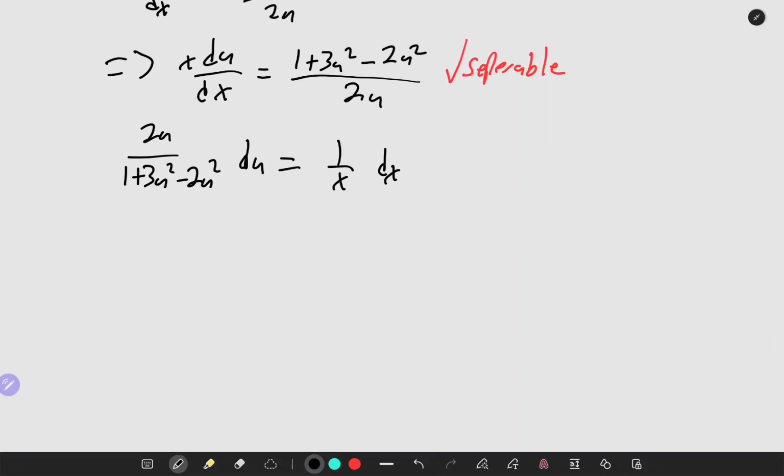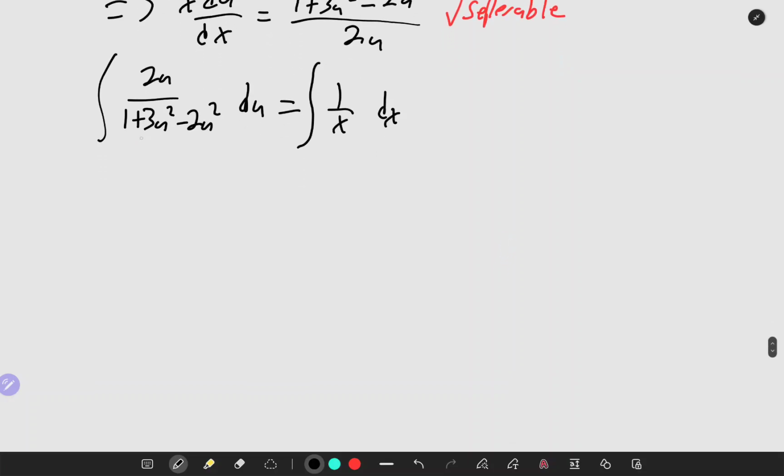So now we integrate both sides. First of all, I forgot to simplify this denominator here. We can simplify this. This becomes 2u over (1 plus u squared) du is equal to the integral of 1 over x dx.